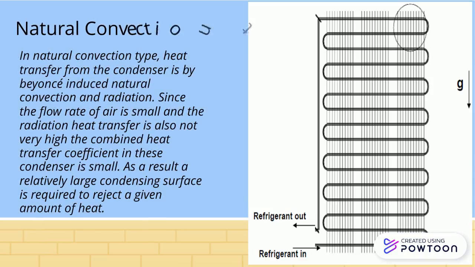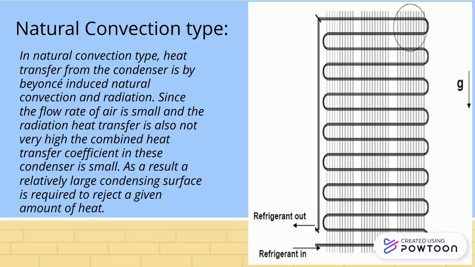First, natural convection type. In natural convection type, heat transfer from the condenser is by buoyancy-induced natural convection and radiation. Since the flow rate of air is small and the radiation heat transfer is also not very high, the combined heat transfer coefficient in this condenser is small.